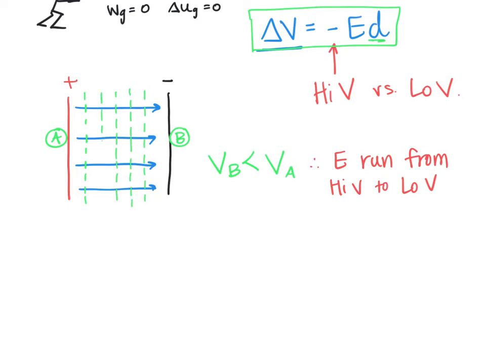It would all be the same along here. So all of these are equipotential lines.